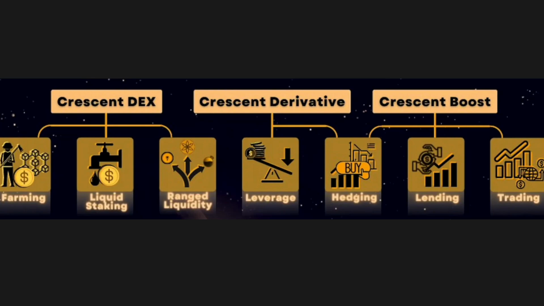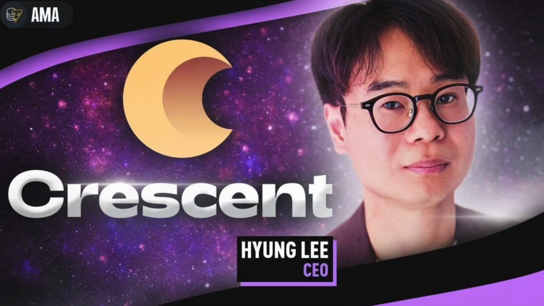We can look into the team. The team consists of two different organizations, as you know. One is bHarvest, one is Ignite. But we can look into Huyong Lee, who is the CEO of Crescent.